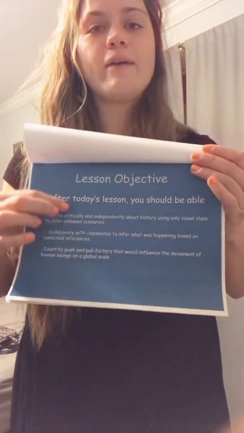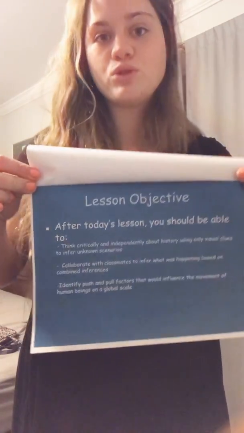Or my personal preference is to just state it. After today's lesson, you should be able to blank. And to get a child to think about something a certain way, you have to introduce it to them and not plant the seeds in their head, so that they can develop it how they want to see it.